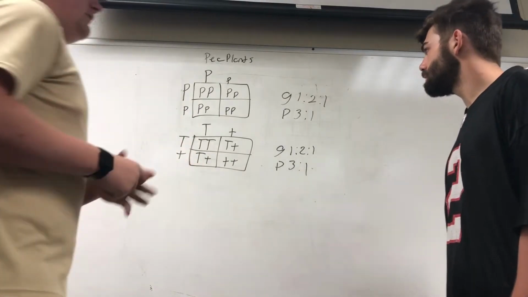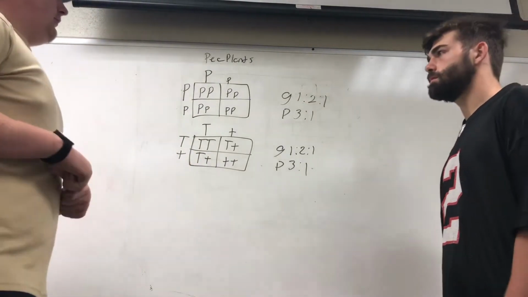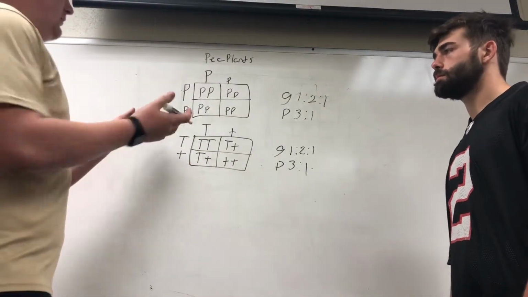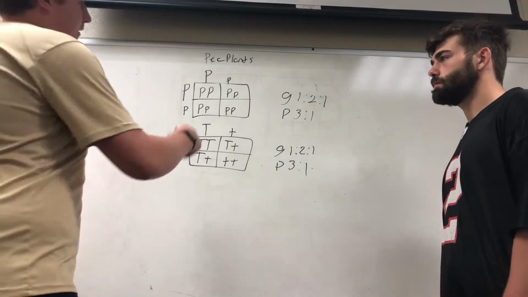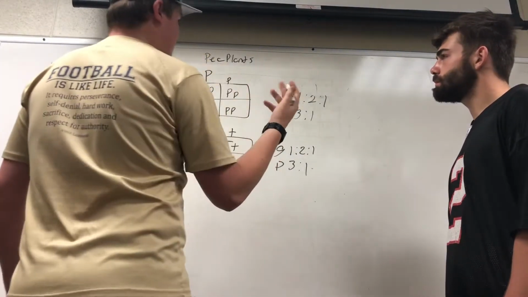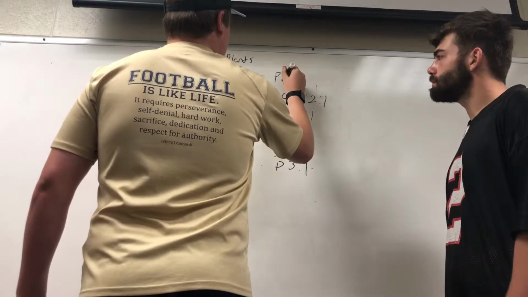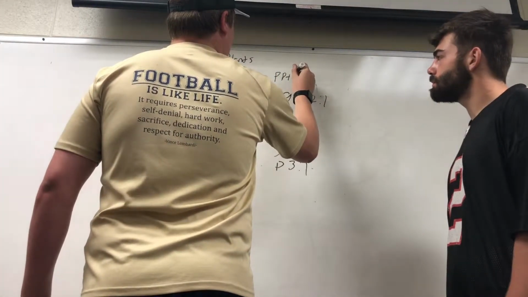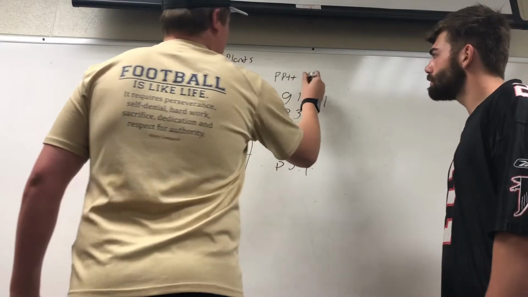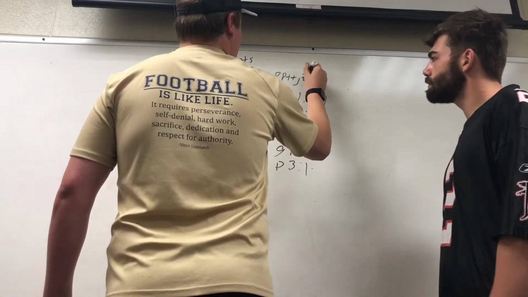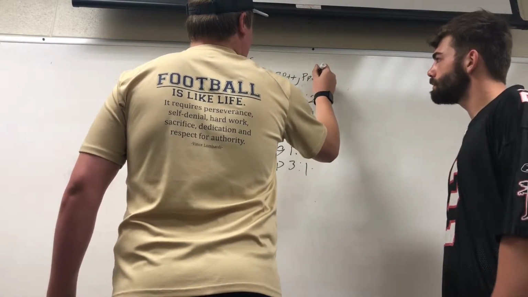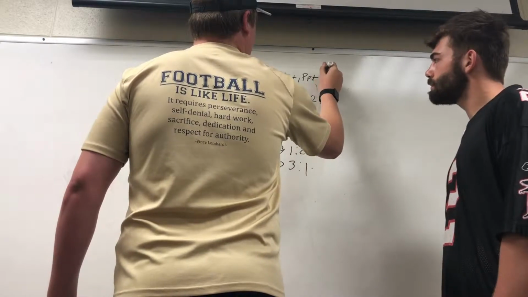Now, if this was a dihybrid cross, we could actually look and see what we could get over here. So these are the possibilities we could have. We could have big P, little t, little t. We could have big P, small p, little t, little t.